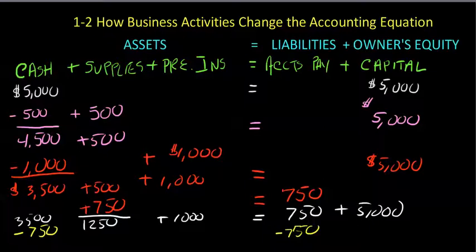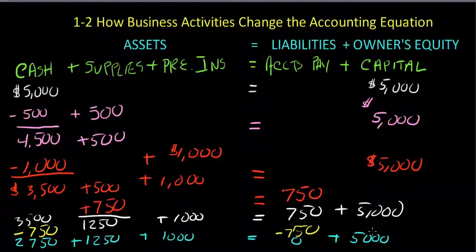So all said and done, we added up, and where are we? We have $2,750 in cash, $1,250 in supplies, plus $1,000 in prepaid insurance. We paid off that, so we have zero in accounts payable plus $5,000.